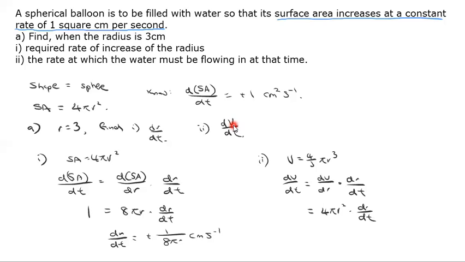Now, if we hadn't worked out dr dt already, we'd have to go back and work that out using dr dt equals dr dSA times dSA dt. But because we have already worked it out from before, under the same situation, we can just sub it in.